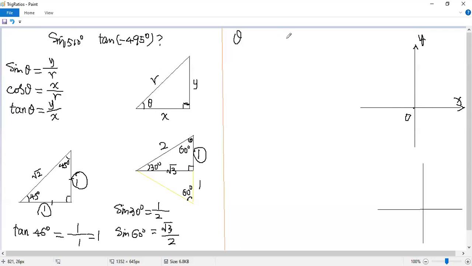If theta is greater than 0, rotate counterclockwise. Less than 0, clockwise. Now, we assume after rotating an angle of theta, we move to the terminal arm, like that.